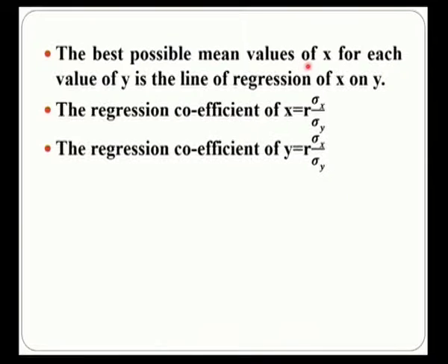That is, the best possible mean values of x for each value of y is the line of regression of x on y. This line of regression can be numerically learnt by knowing the regression coefficient. So, regression coefficient can be for x and y.